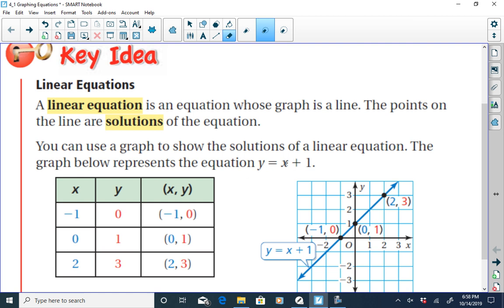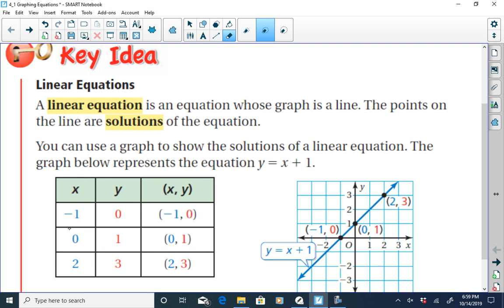The input is -1, the output is 0. So your input is your x value, your output is your y value. When you put the x value and y value together, that's your ordered pair. And that ordered pair represents a solution to that equation because 0 is equal to -1 plus 1.